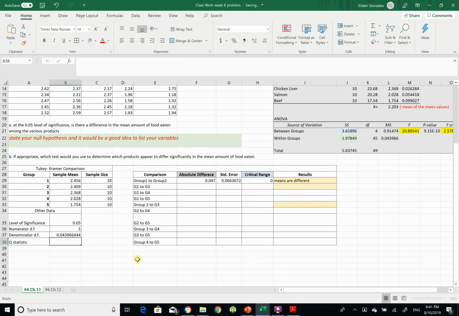Provided in your Moodle page is a Q table.